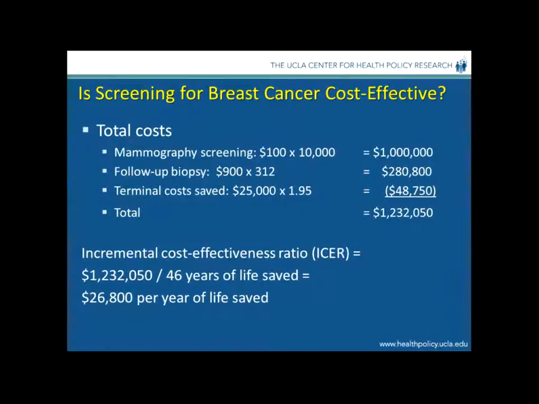So what you've done is identify one of the major limitations of this study, although in a sense it captures that in the terminal cost saved. The way that they captured this is they saved 1.95 lives, so they avoided $48,000 in cost by saving those lives.